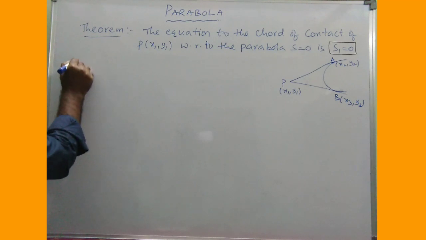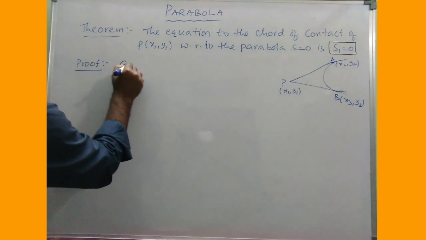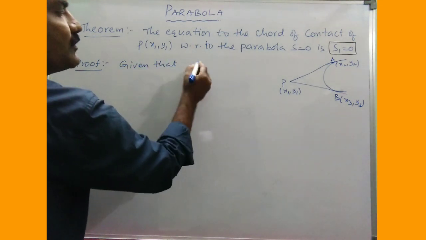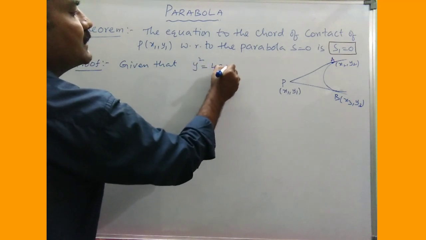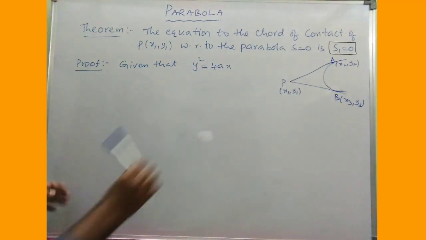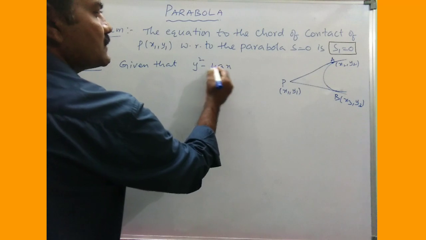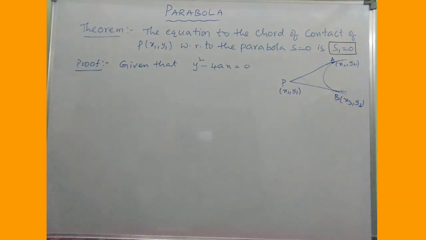So coming to the proof. Given that the parabola equation is y square equals 4ax. We already mentioned S equal to 0 is the standard form, so y square equals 4ax. If not, you can also write it as y square minus 4ax equals 0.